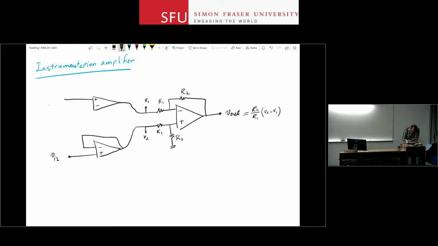It just makes my drawing a bit simpler. So let's just get some gain out of this guy. Let me draw it like this. Let's say you can call these R4 and R3. And same thing for the guy at the bottom, right?